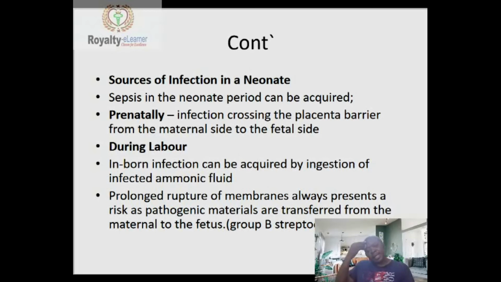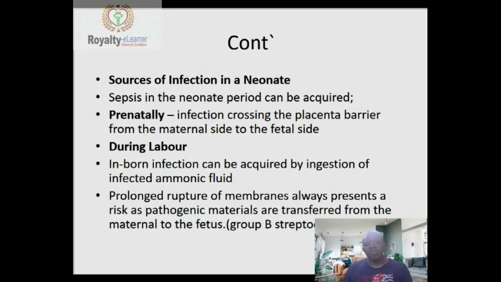So what we are saying is that sources of infection in a neonate may include prenatally, when the baby is still in the womb, infection crossing from the mother to the baby. Then during labor, that is, inborn infection can be acquired by ingestion of infected amniotic fluids.